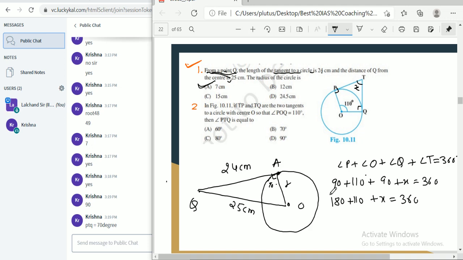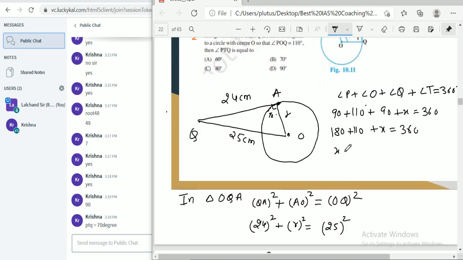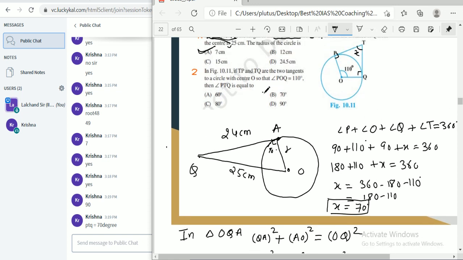If we subtract all this, finally we have the value of X equal to 360 minus 180 minus 110. So this is 180 minus 110. So X will be 70 degrees. The value of X is 70 degrees. So this is the correct answer.